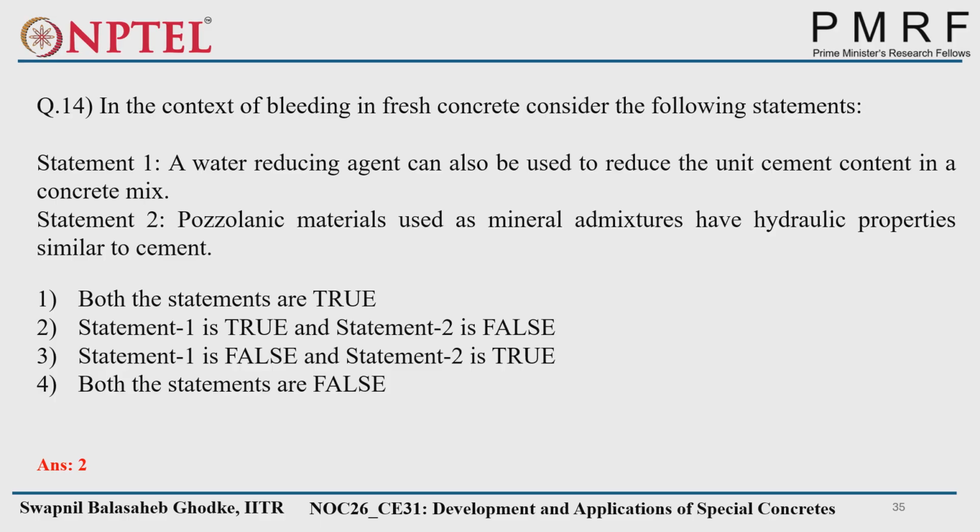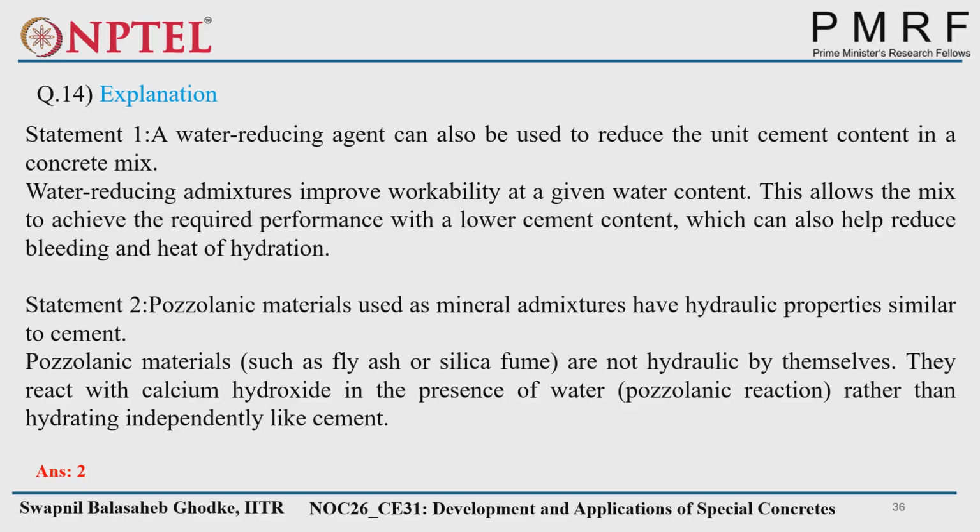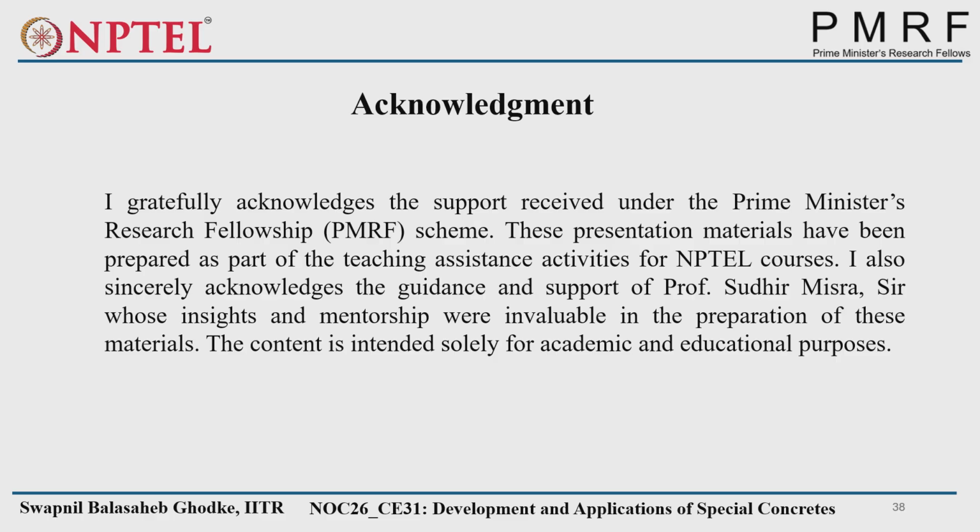Because we saw water reducing agent has two advantages: one is reducing cement content and another one is increasing strength. And pozzolanic materials used as mineral admixtures do not have hydraulic properties actually, because that's why they depend on the CH content from the matrix. Okay, these are the explanations for that one.